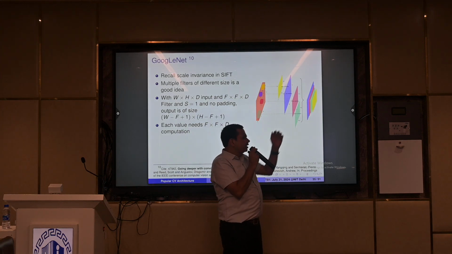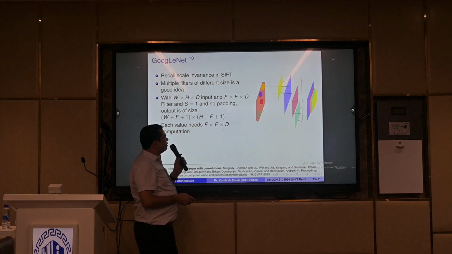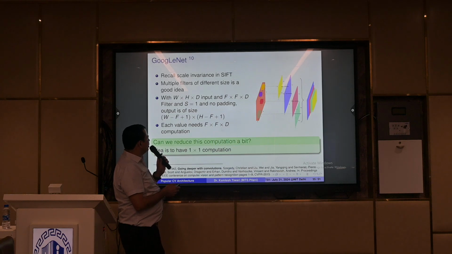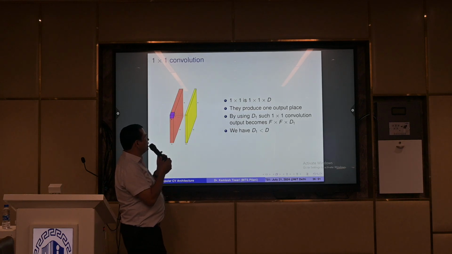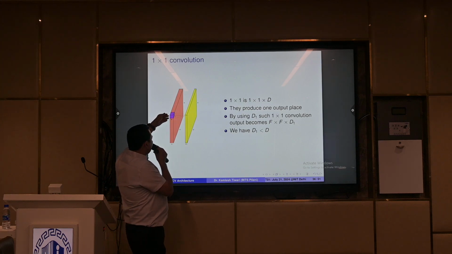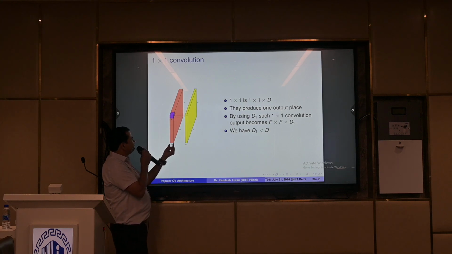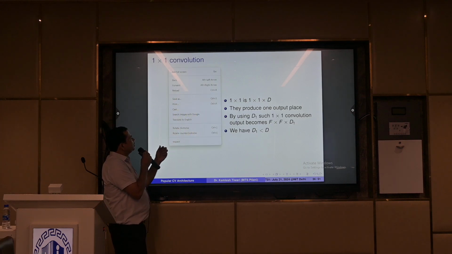This is called the inception block. However, this is one part only. It also introduces one more thing, called the 1x1 convolution. Because when you are putting multiple things in one place, the depth becomes very high.